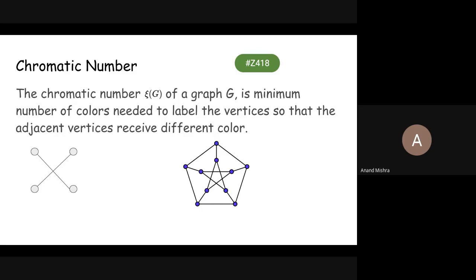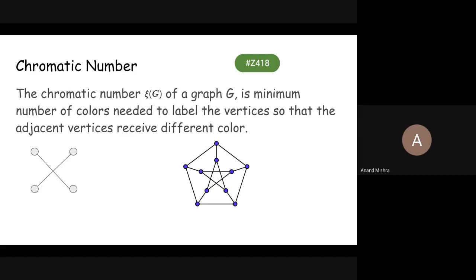Consider this example of map coloring. You have a map of India and there are different states. You obviously want to color different states in different colors, in such a way that neighboring states have different colors. There are about 30 states in India, but you don't need 30 colors, because every state is not adjacent to everyone.